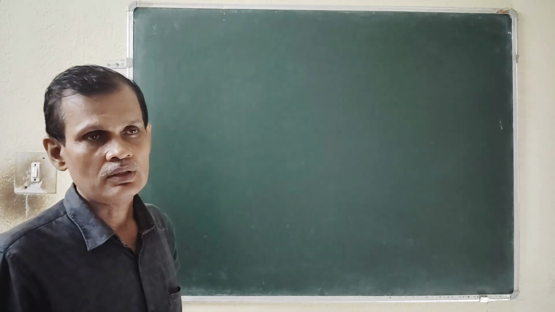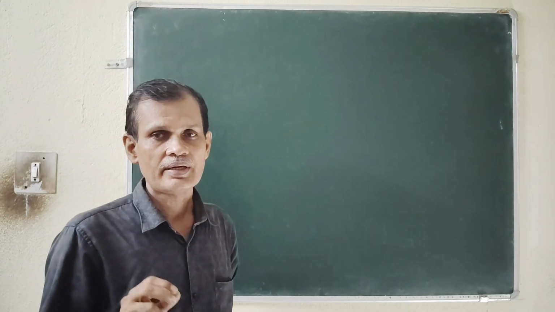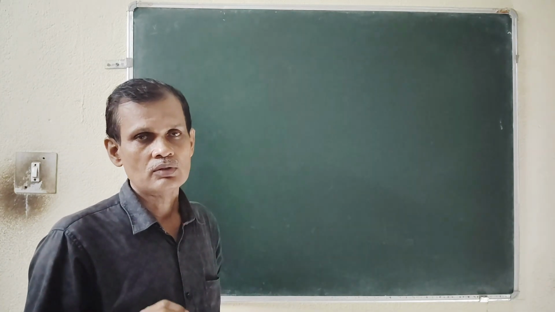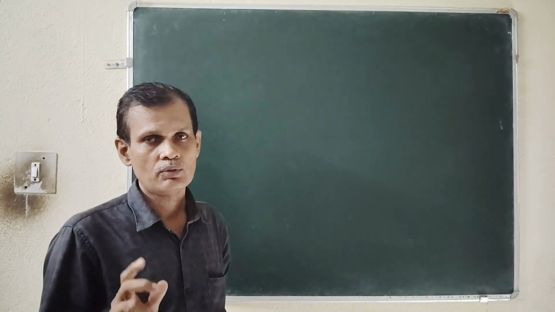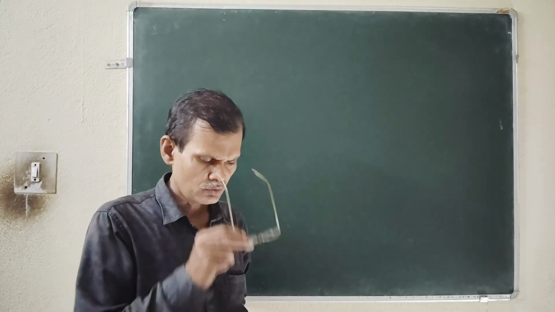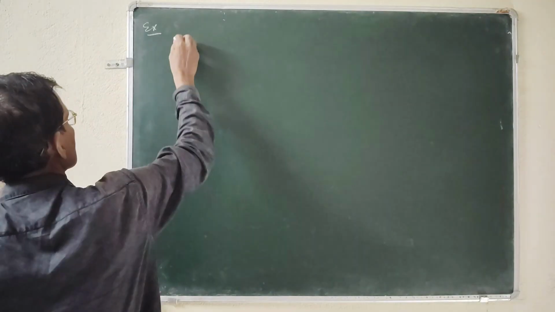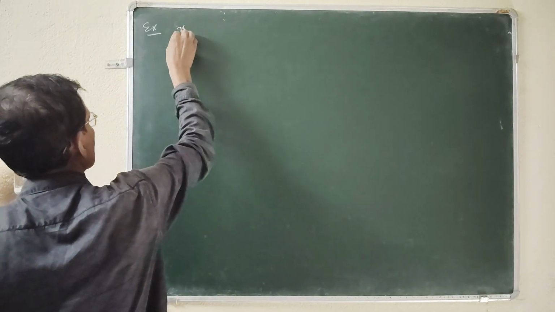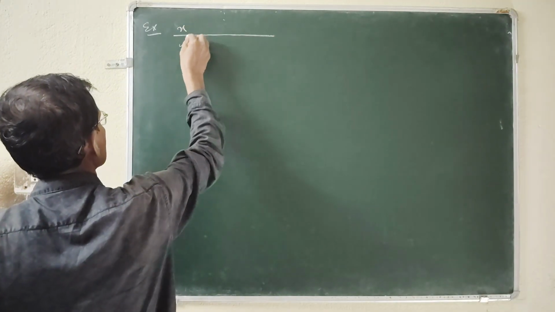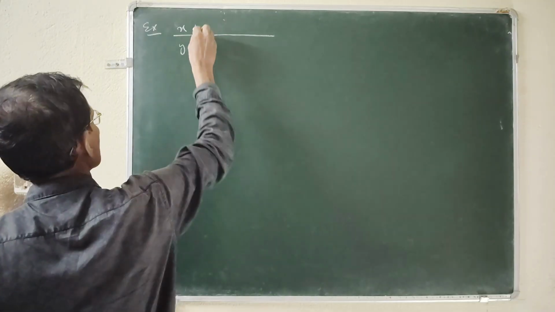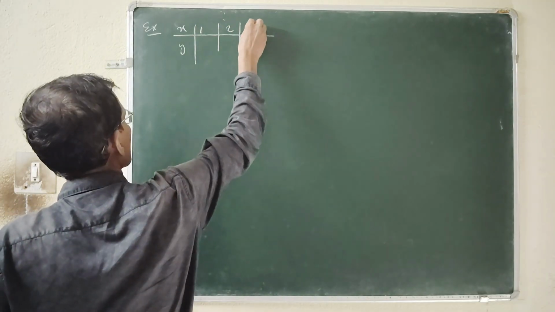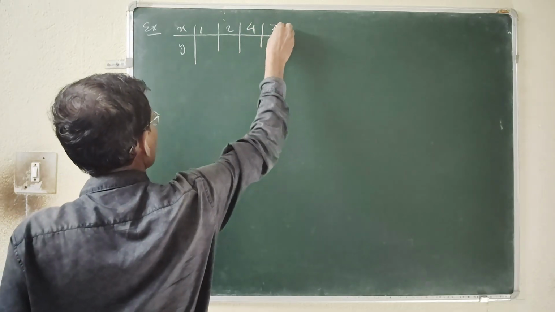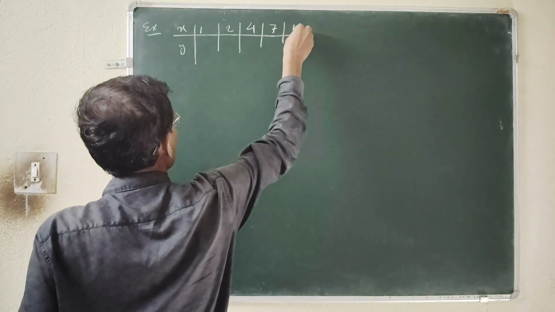So today we will discuss some very interesting and important problems which can be solved by Newton's divided difference interpolation formula. Okay, so you see the first example. The set of data is: x is 1, 2, 4, 7 and 11.